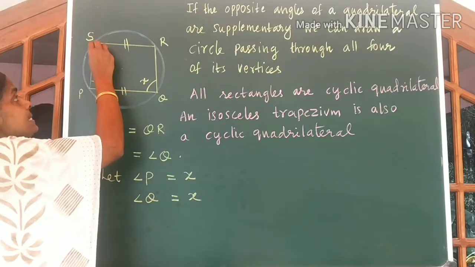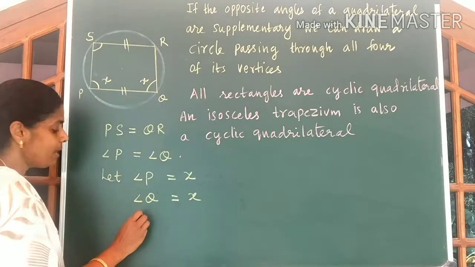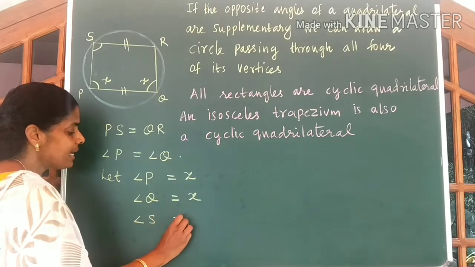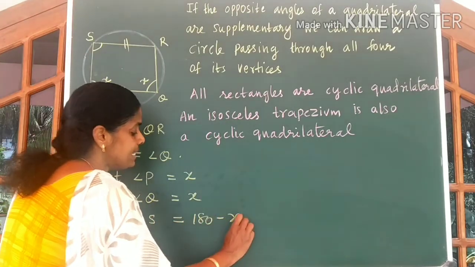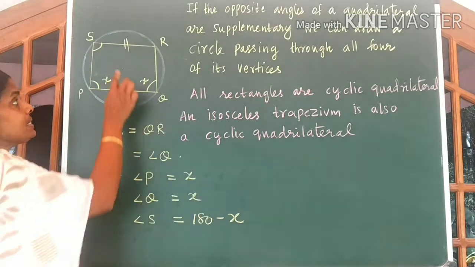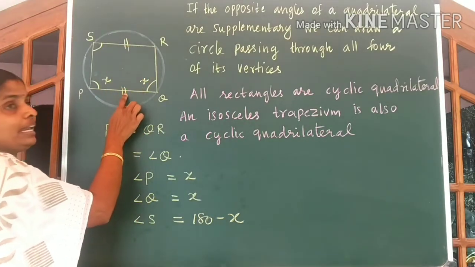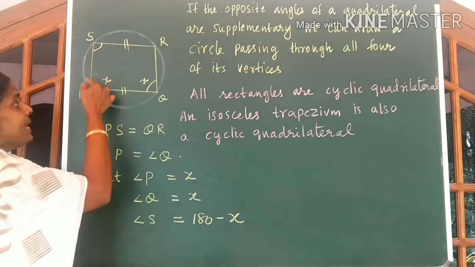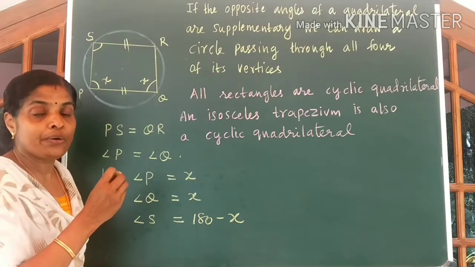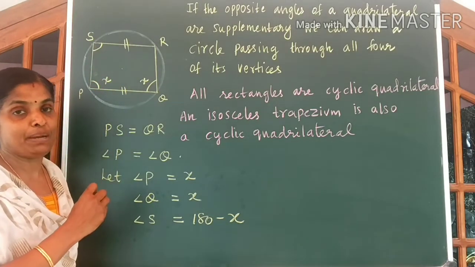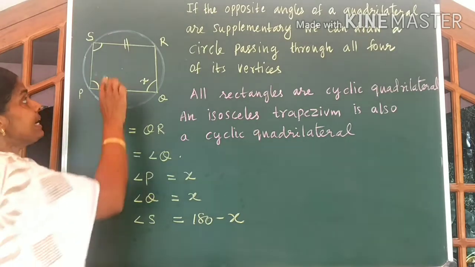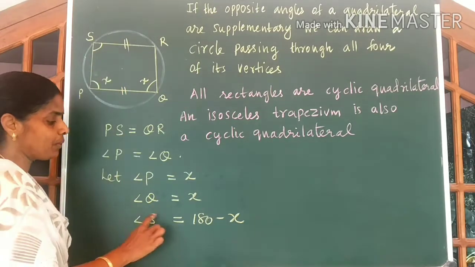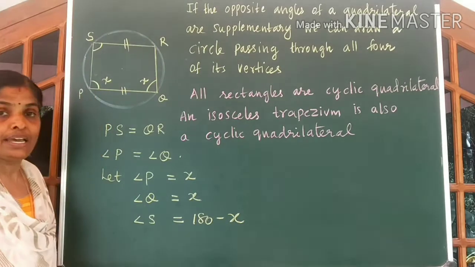So what is this angle? We can say angle S is equal to 180 minus X. It is because when two parallel lines are cut by a transversal, co-interior angles are supplementary. Since angle P is X, angle S is equal to 180 minus X.